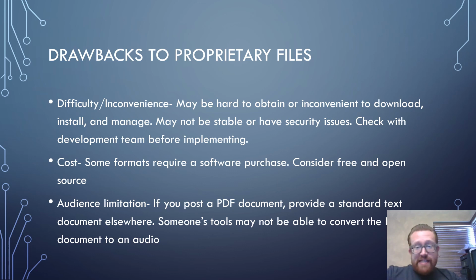That's important, and you need to keep that in mind because PDF files don't always necessarily easily convert to audio, and people who may have a disability who cannot see, you want them to be able to access it as well. So you need to keep that in mind whenever you're developing your web pages, and if you include any file formats on your page that someone may have to download or access, it's important to keep everyone in mind.